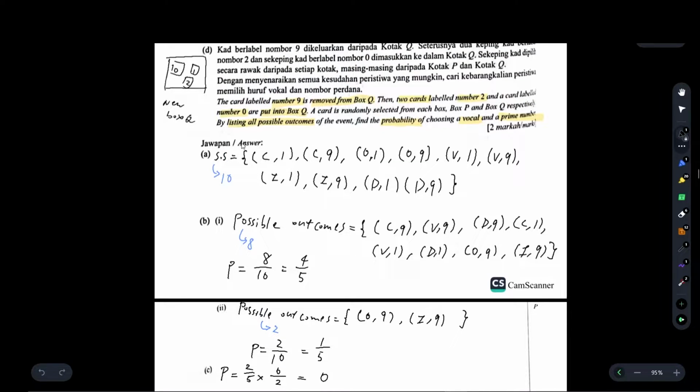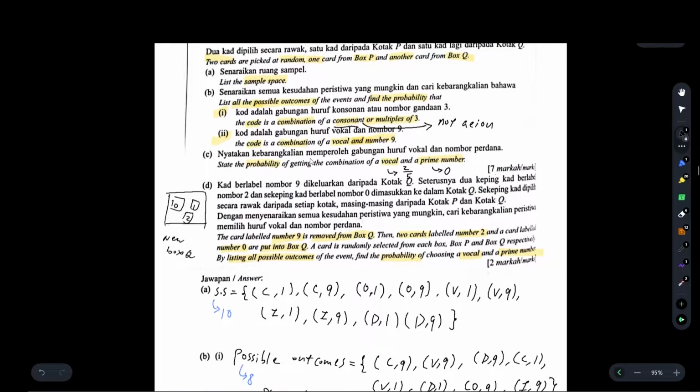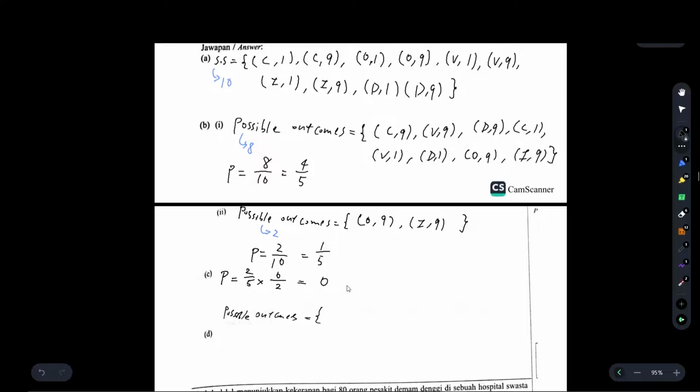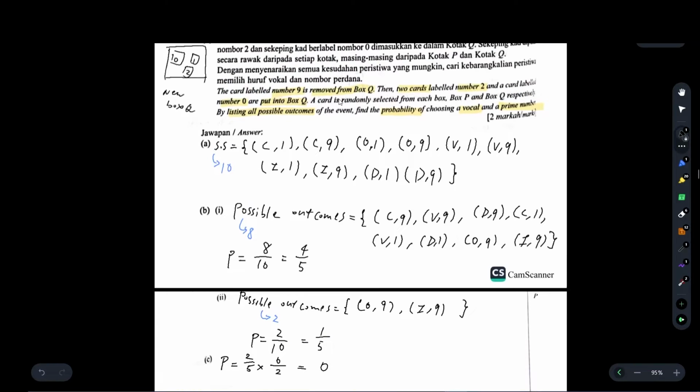Okay, so right now we're going to list out all the possible outcomes first. It's similar to the answer from question A, but the difference is that the number of the second code will be a little bit different.